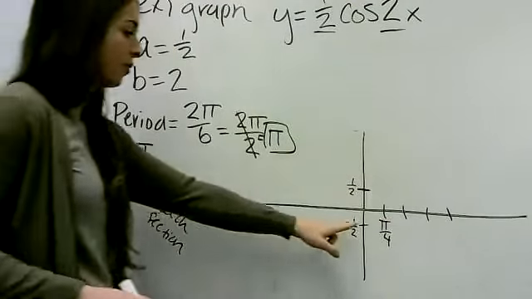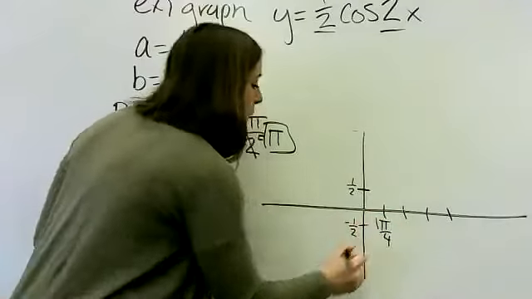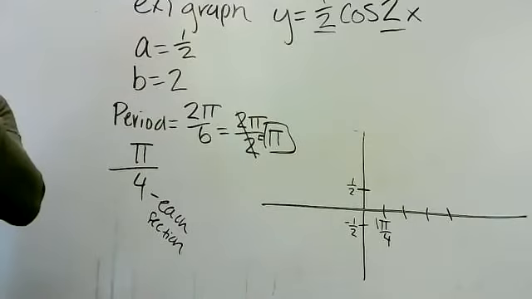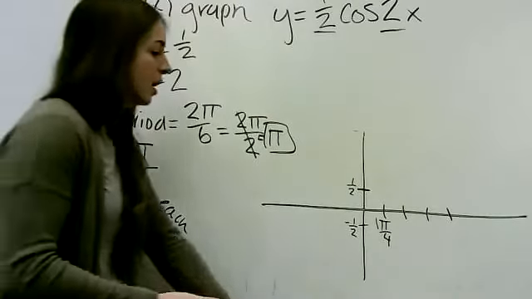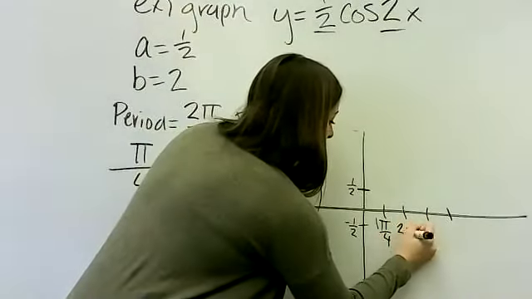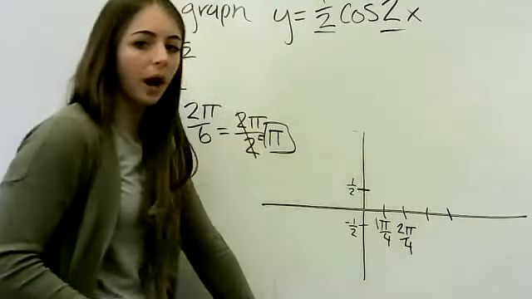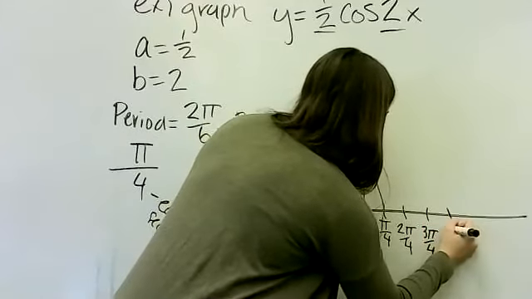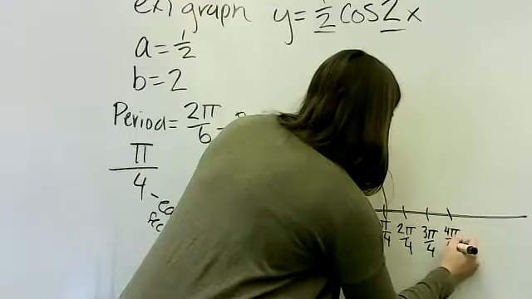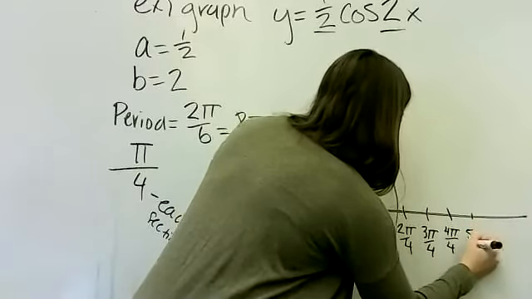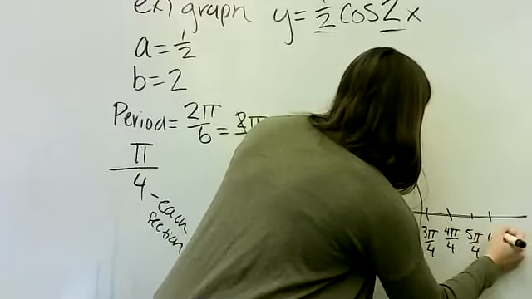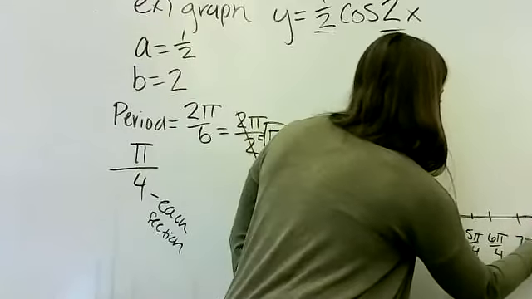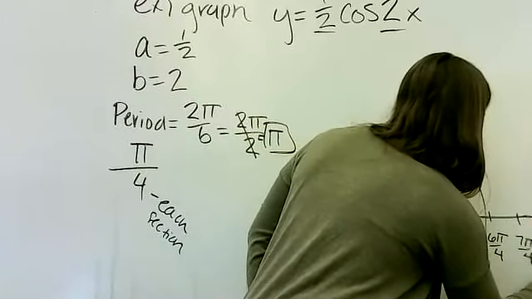We start here, this is currently technically a 1 pi over 4, right? Whenever there's no number written out in front of a variable or a term, it's a 1. So the next one would be 2 pi over 4, then 3 pi over 4, 4 pi over 4, 5 pi over 4, 6 pi over 4, 7 pi over 4, and 8 pi over 4.